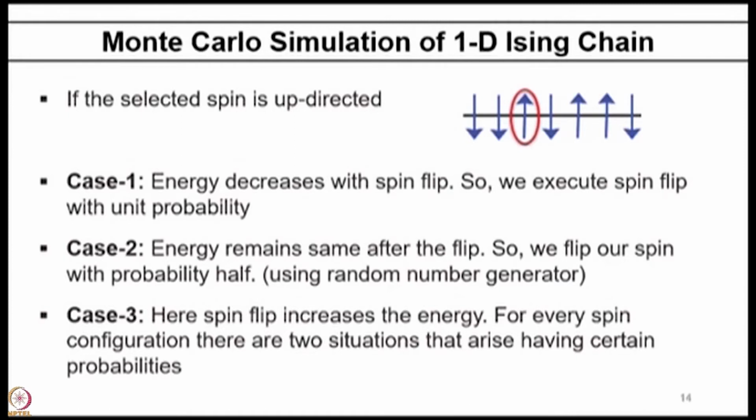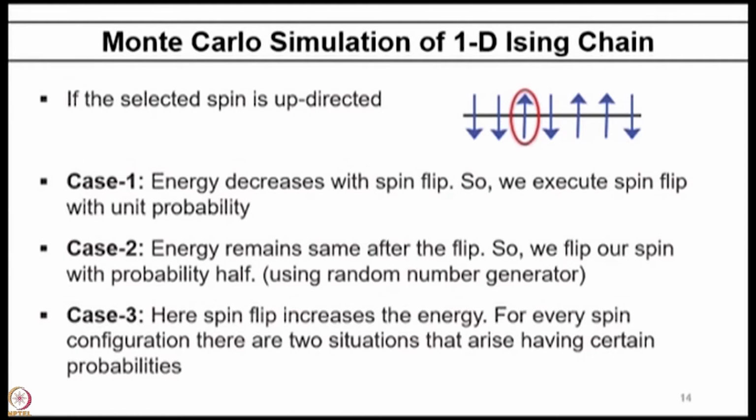Now if the energy remains the same after the flip, not in this case, but if one spin is up and another spin is down, that configuration, this will happen. And then I take that changed configuration with half probability.